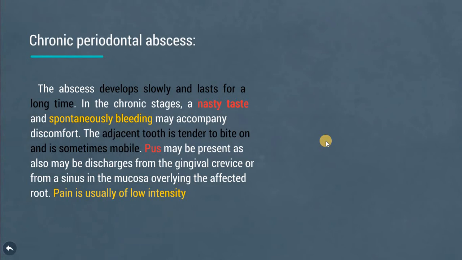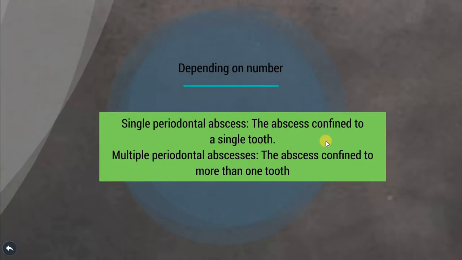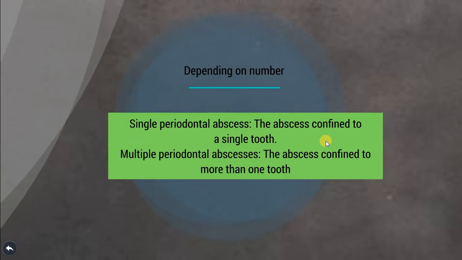The patient may experience a bad odor, a nasty taste, spontaneous bleeding, and the adjacent tooth is tender on bite and sometimes mobile. Pus discharge can most of the time be seen in the chronic periodontal abscess, or sometimes a sinus tract, and the pain is usually of low intensity. Depending on the number, we have either single or multiple periodontal abscess.